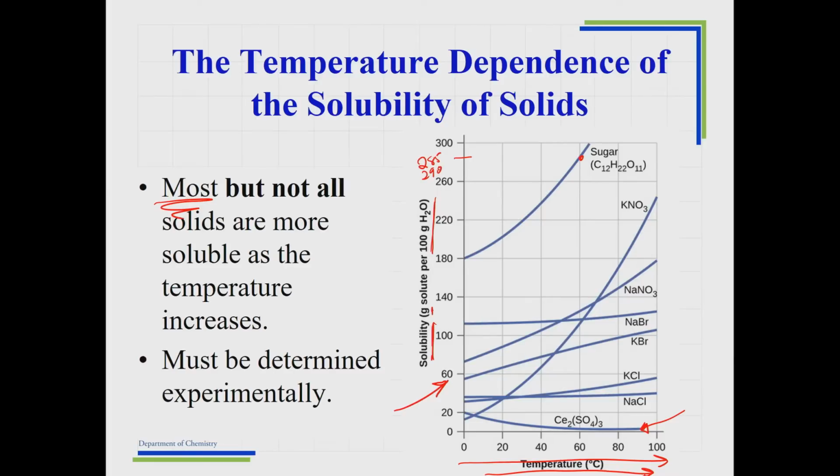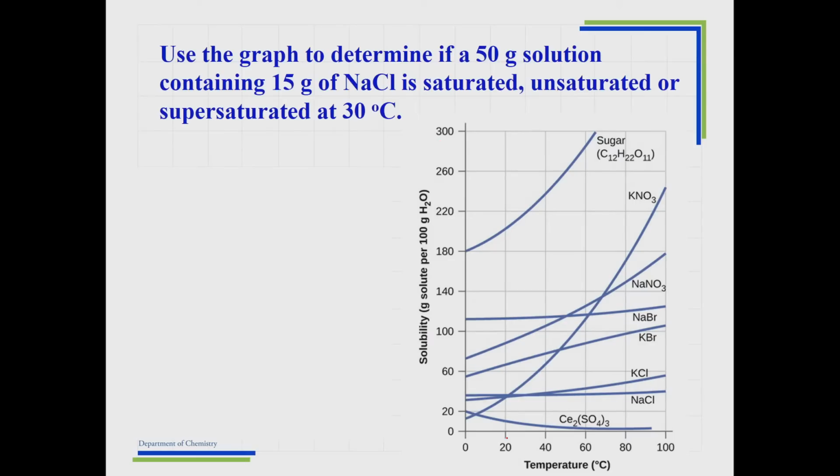It's hard to read without little lines over here. I can get that many grams of the table sugar to dissolve in merely 100 grams of water. So you have almost 3 times more sugar that will dissolve in the water if you're at 60 degrees. And then if you were to let that cool down to room temperature, which is around 25, you would have a supersaturated solution.